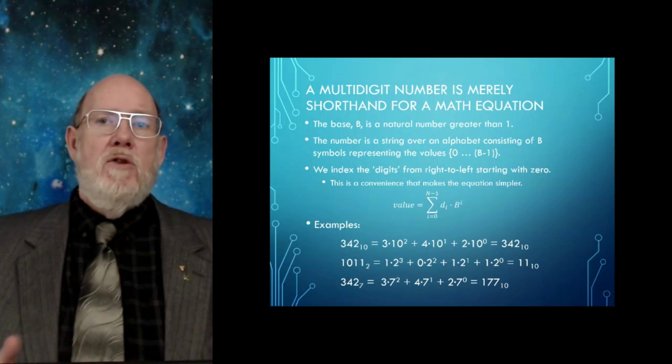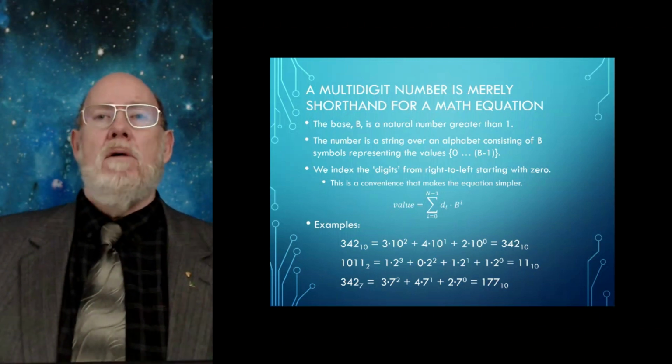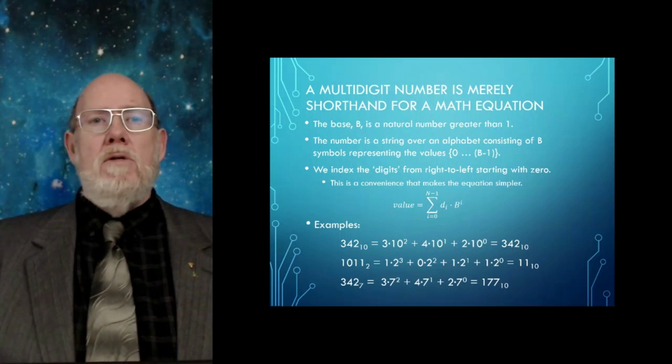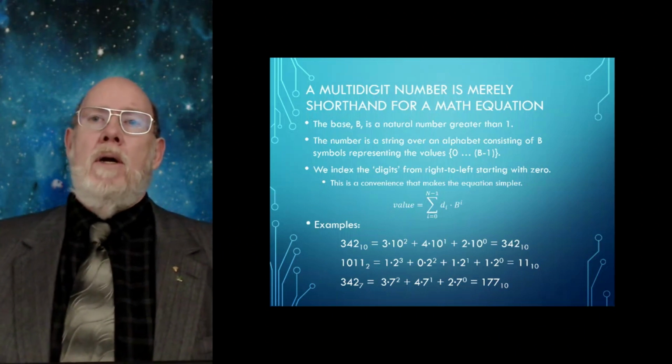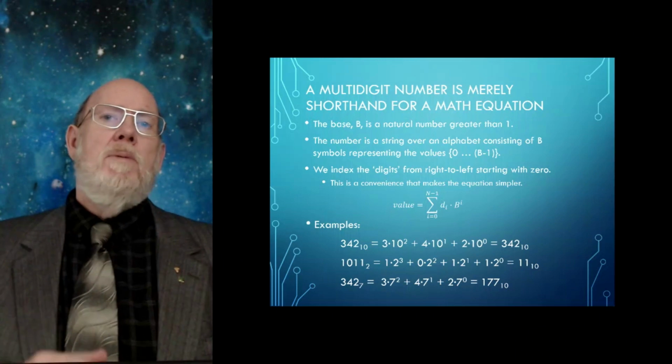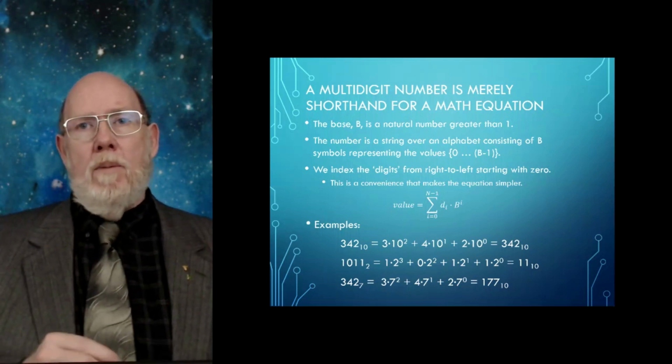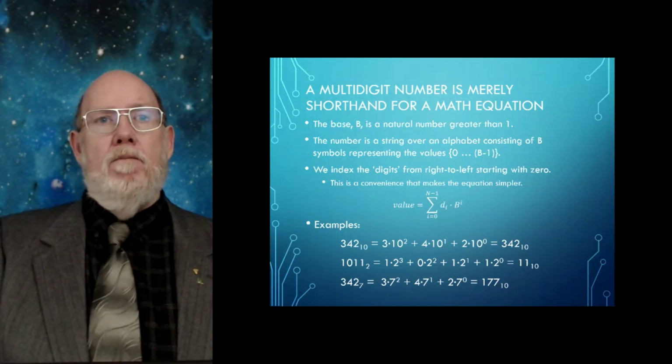Some examples using three different number bases are shown here along with their base 10 equivalents. Note the use of the subscript to indicate the number base. Whether this is used depends on whether or not the context makes it sufficiently clear what the number base happens to be.